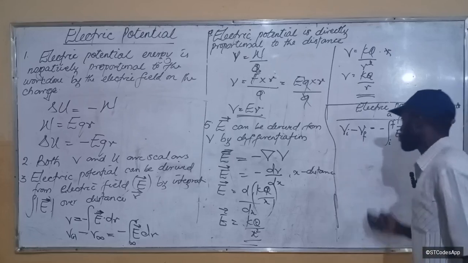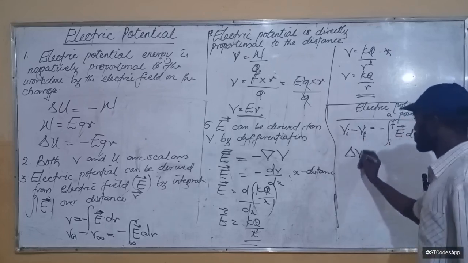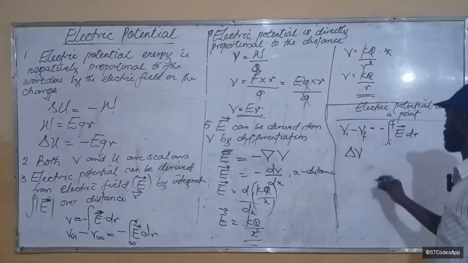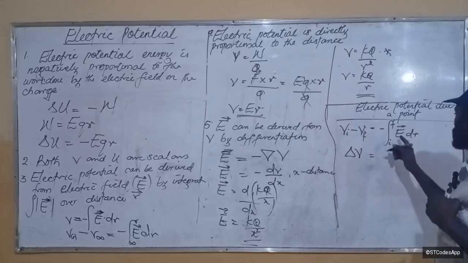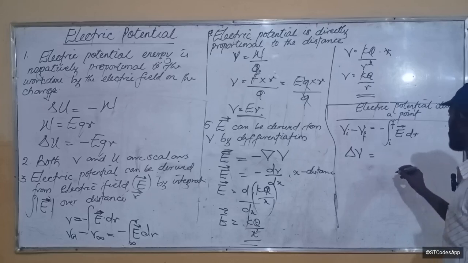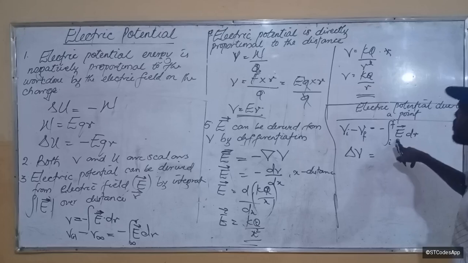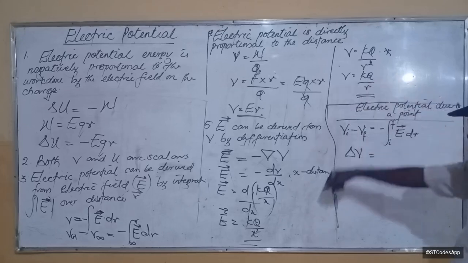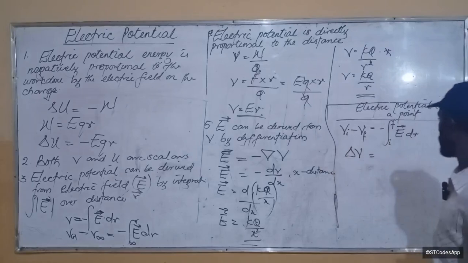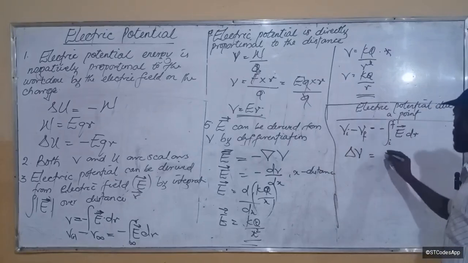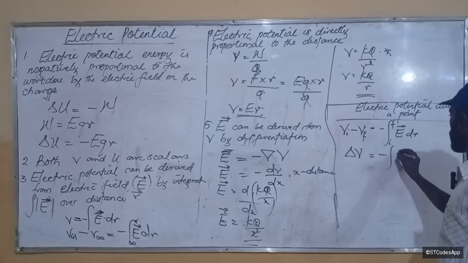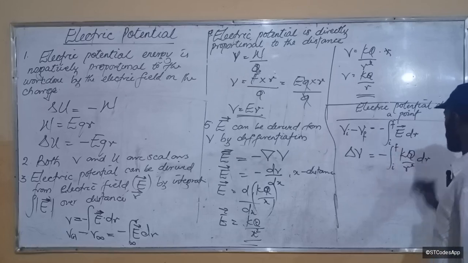So the change in V, which is V initial minus V final, becomes the integral of E dr. What is E? E is kq over x squared, or r squared in this case. So what we'll have is the negative integral from i to f of kq over r squared dr.